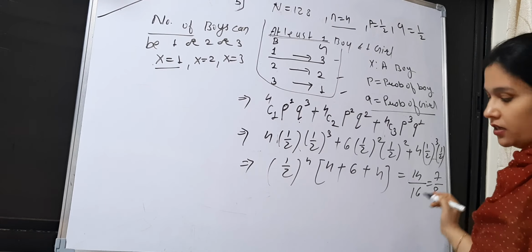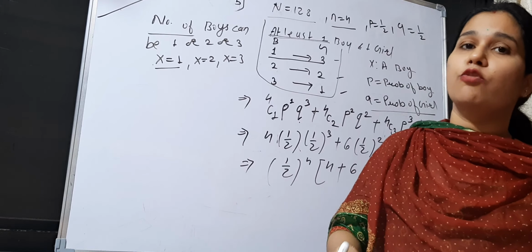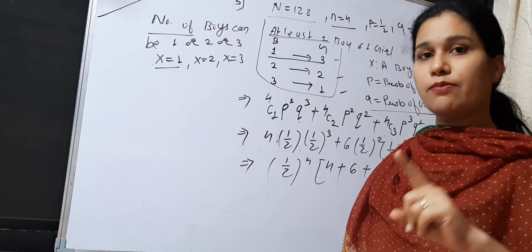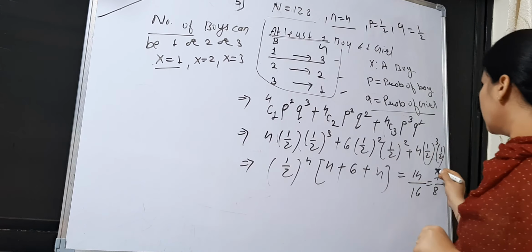Question number 5: 7 by 8 is the probability, and now we have to find how many are expected. There are 128 families, so out of 128, how many are expected to have at least a boy and a girl? To find any frequency, you have to multiply the total frequency n by that probability.